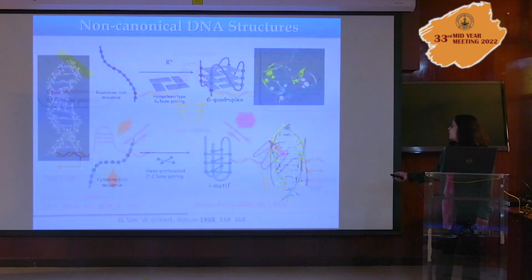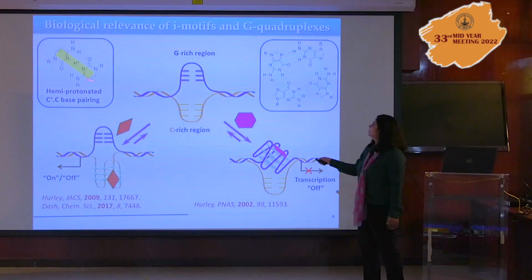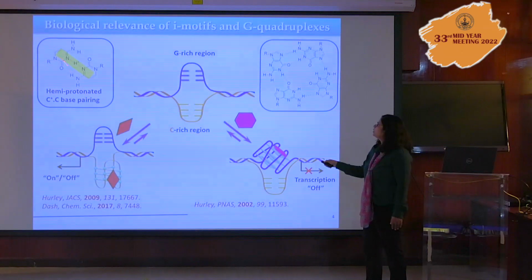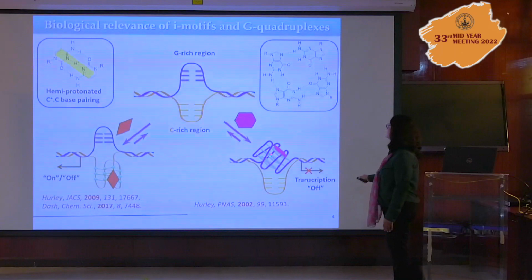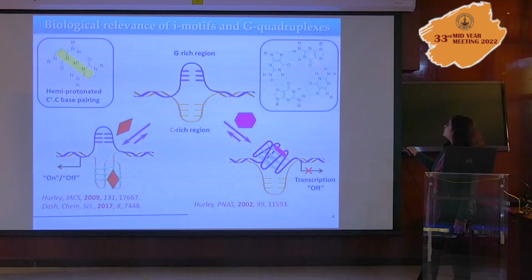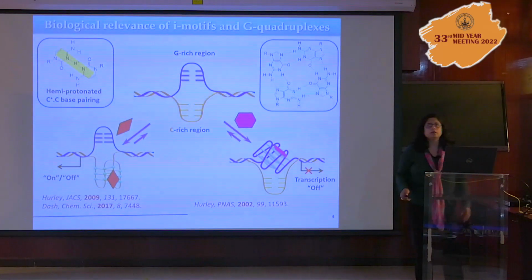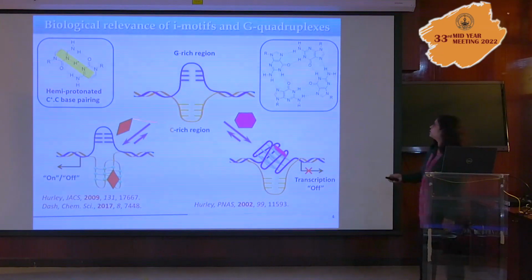These structures are called i-motifs as they contain intercalated cytosine-cytosine base pairing due to hemiprotonation of one of the cytosines under acidic conditions. G quadruplex structures contain the G quartet as a basic feature, which is a square planar arrangement of 4 guanines that are linked together by non-canonical, that is Hoogsteen type of hydrogen bonding.